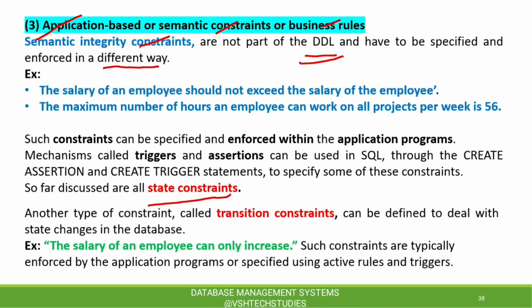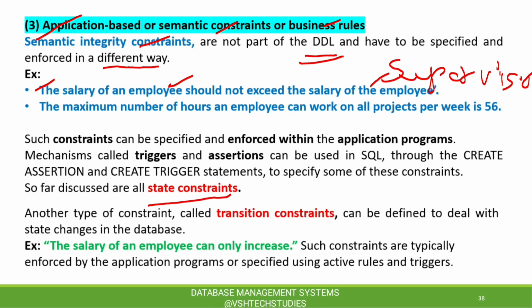An example of such constraints: the salary of an employee should not exceed the salary of another employee, you can take a supervisor here. So the supervisor's salary must be greater than any other employee's, so the salary of an employee should not exceed the salary of the supervisor.